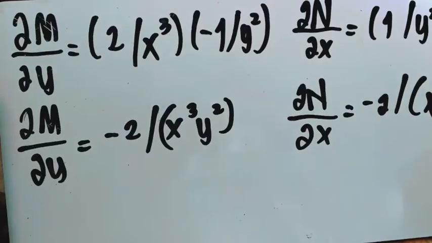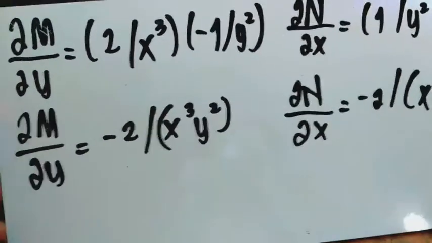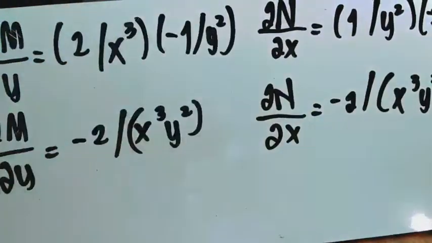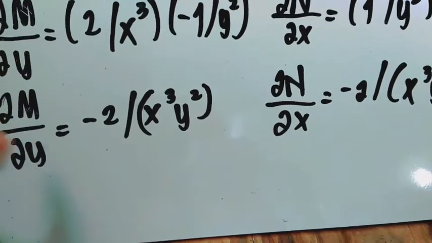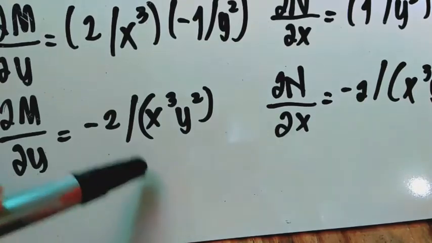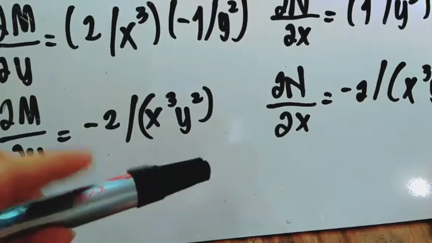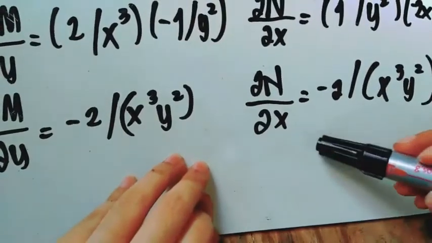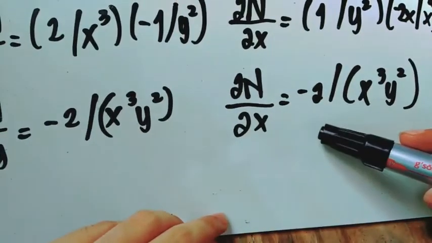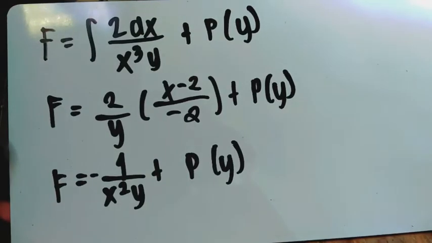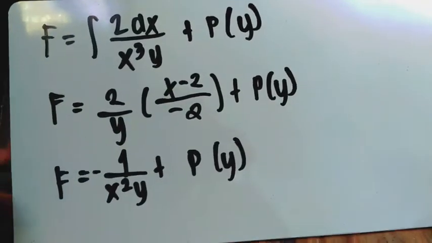Since nakuha na natin yung bago nating m and n, proceed tayo sa partial of m with respect to y and partial of n with respect to x. So, after solving, ang partial of m with respect to y natin is negative 2 over x cubed y squared, and our partial of n with respect to x is equal to negative 2 over x cubed y squared. Katulad lang sa previous example natin, integrate lang natin.